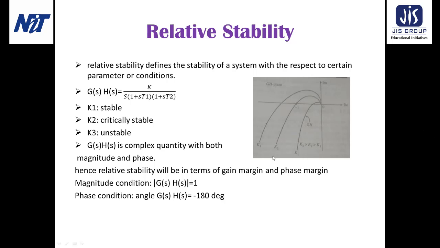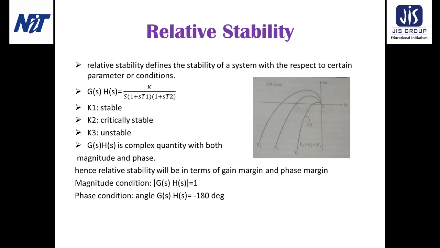This figure is the polar plot of the open loop transfer function G(s)H(s) equal to K by s into (1 plus sT1) into (1 plus sT2). Now, there is a tendency for the polar plot to encircle the critical point minus 1 plus j0 as the gain value K is increased.